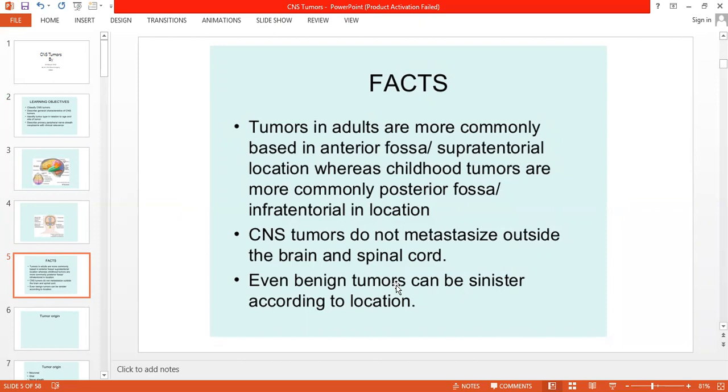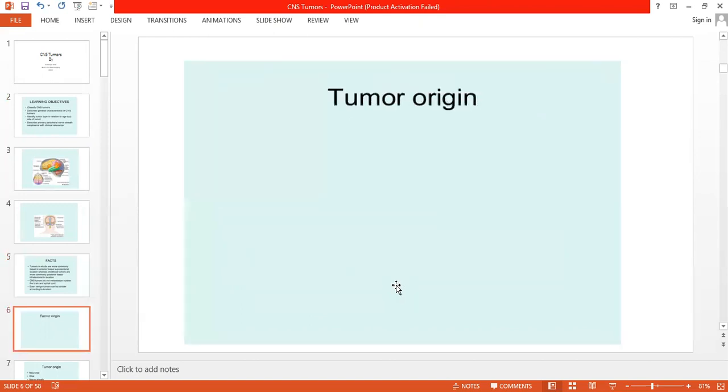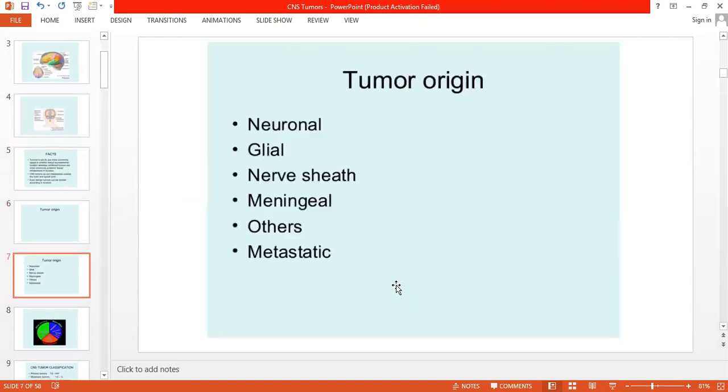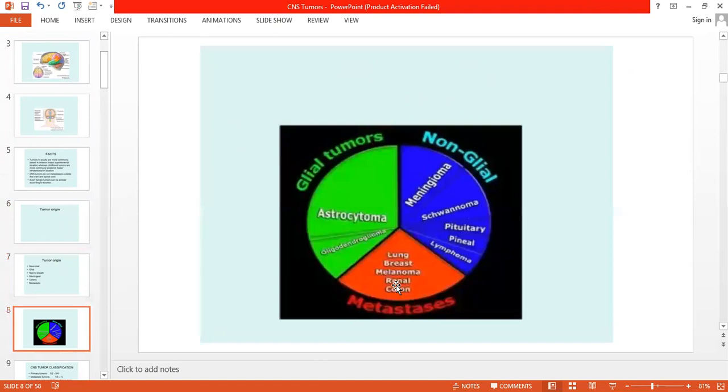CNS tumors do not metastasize outside the brain and spinal cord. Even benign tumors can be sinister according to location. Tumor origin: they can arise from neuronal cells, glial cells, nerve sheath, meningeal, other cell types, and of course metastatic.